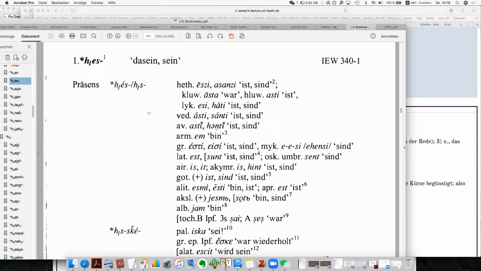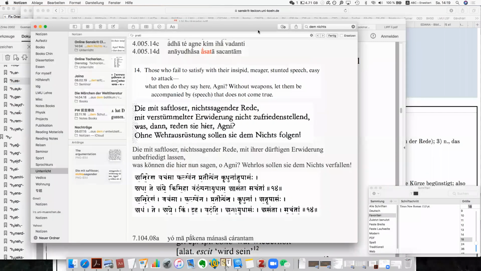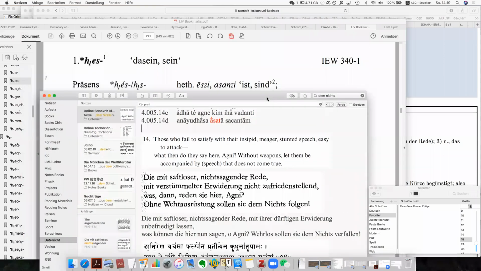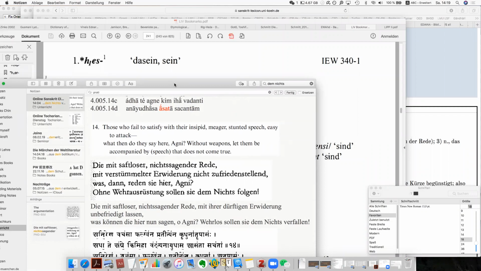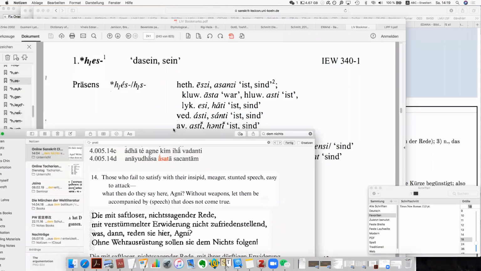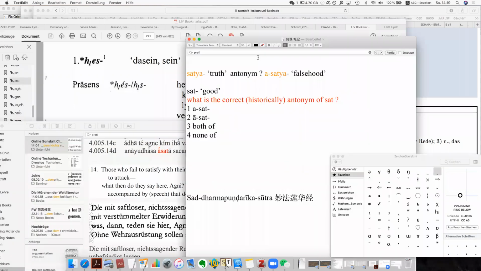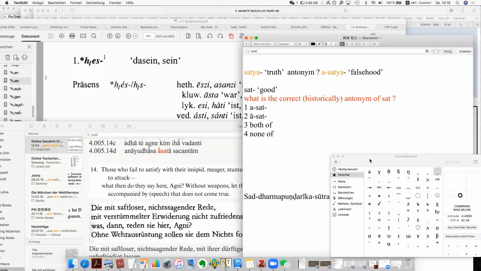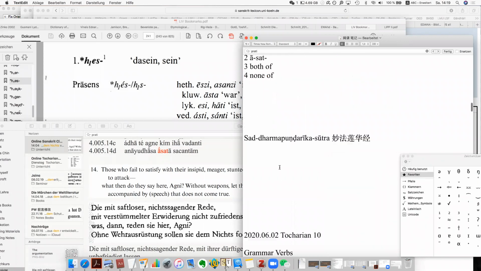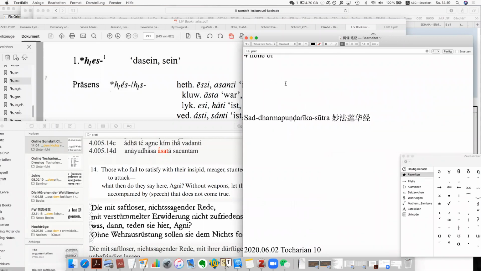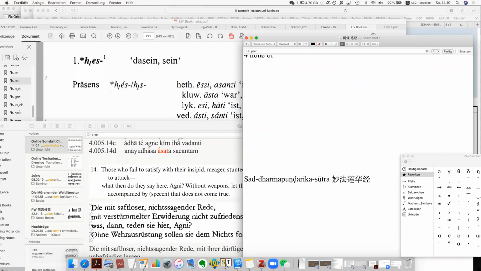So this is actually the root called hes, right? And then we have in Vedic asti, santi, right? So this root is called hes, right?